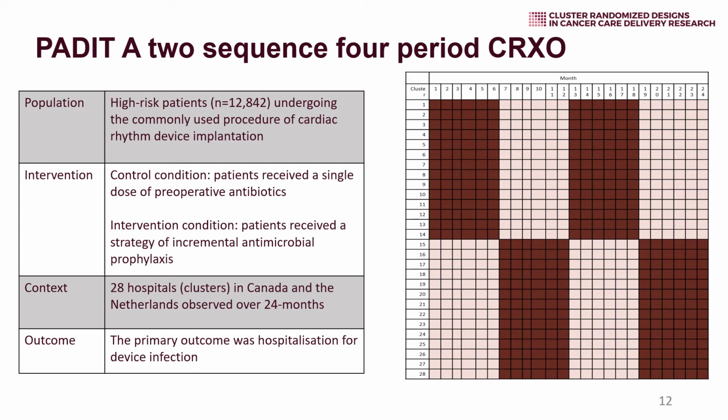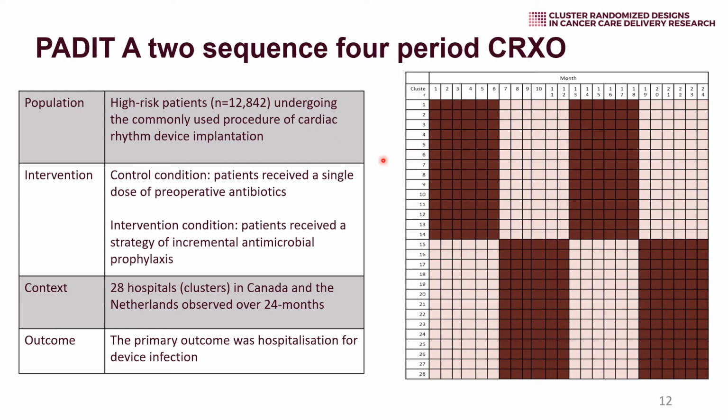But under the intervention condition, they received a strategy of incremental prophylaxis. There were 28 hospitals, the hospitals were the clusters, set in Canada and the Netherlands, and they were observed over a 24-month period. The primary outcome was hospitalization for device infection.